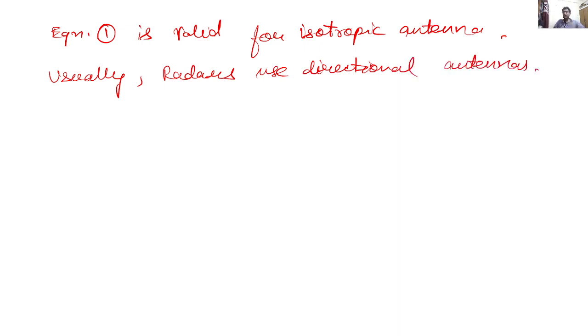Okay, so we need to use a term for that. So PD directional would be PT G by 4 pi r square, where G is basically the gain, in units of some sort of area. Okay.